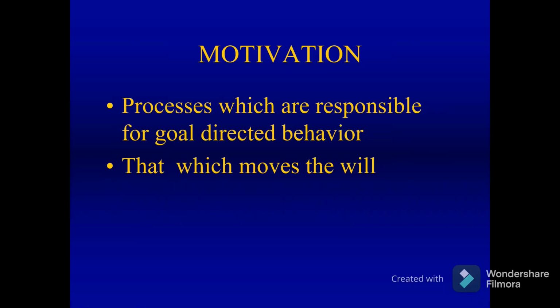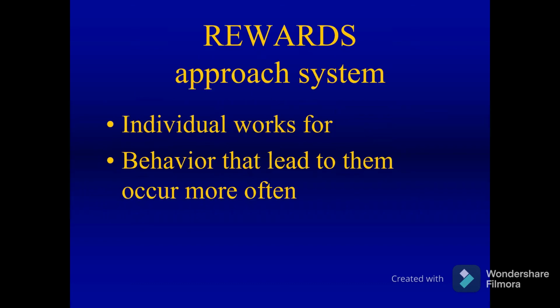So with this we'll come to motivation. Motivation refers to processes which are responsible for goal-directed behavior. We have our reward system, an approach system: individuals work for behavior that leads to rewards, so it occurs more often.